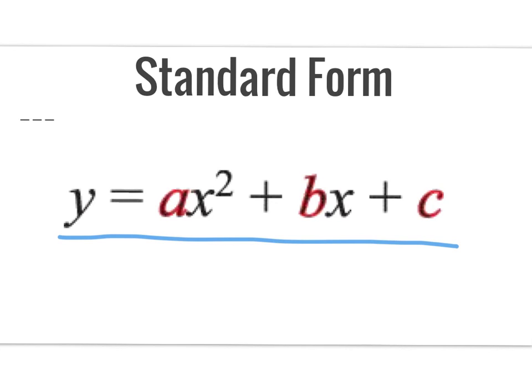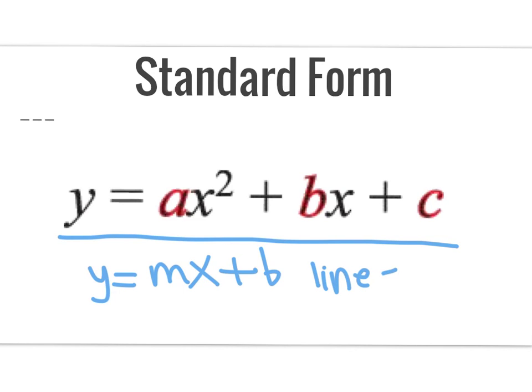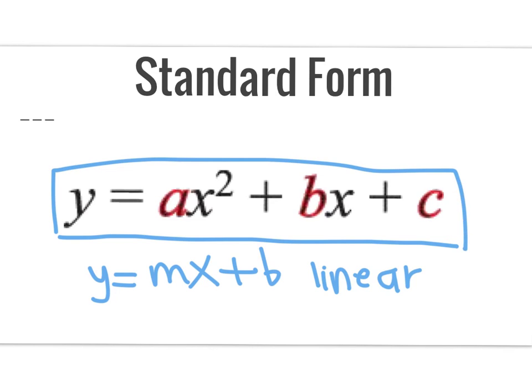You should all be familiar with the linear form, which is often written as y equals mx plus b. This is a linear function, a linear equation, whereas y equals ax squared plus bx plus c is a quadratic function, in its standard form. Notice that in our linear form, x doesn't have any power, it's just mx.